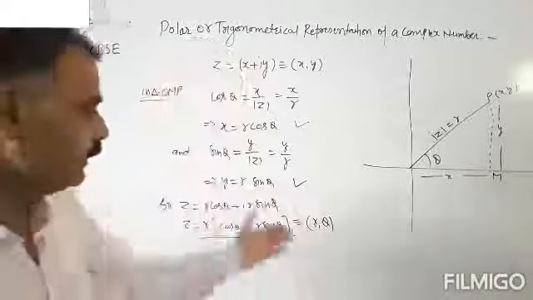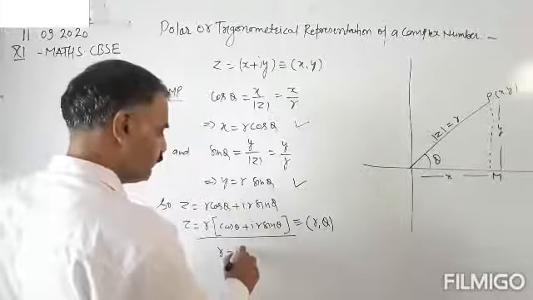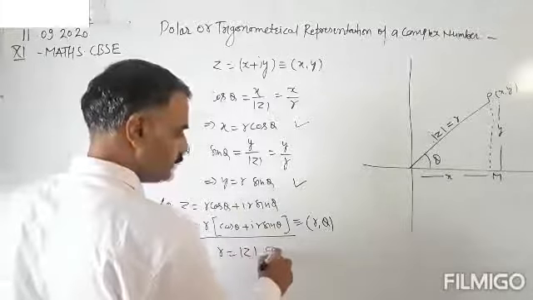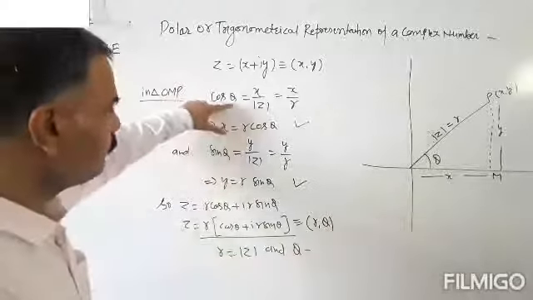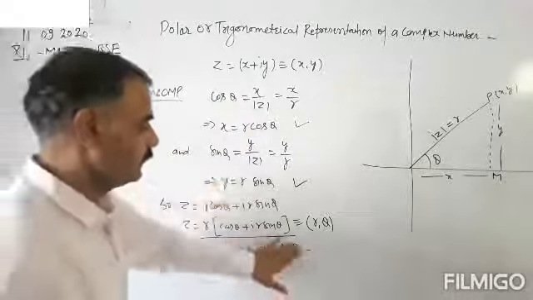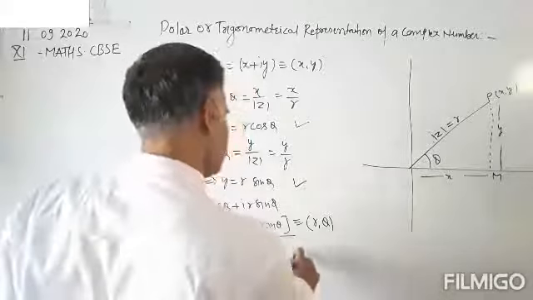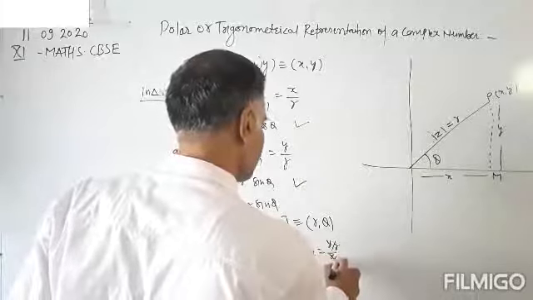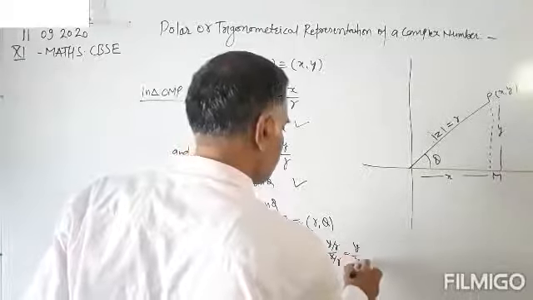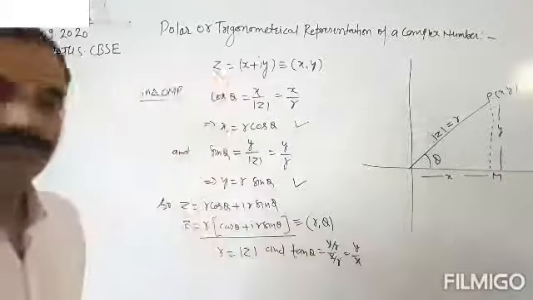Now here, r equals the magnitude of z, and to find theta from these two equations, tan theta is equal to y upon r upon x upon r, which equals y upon x.